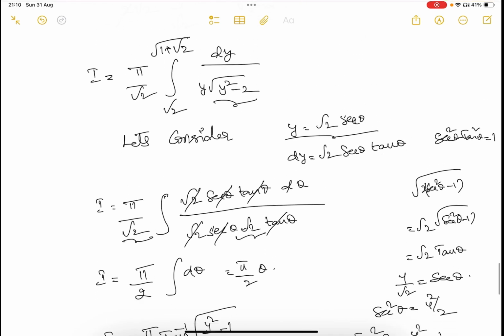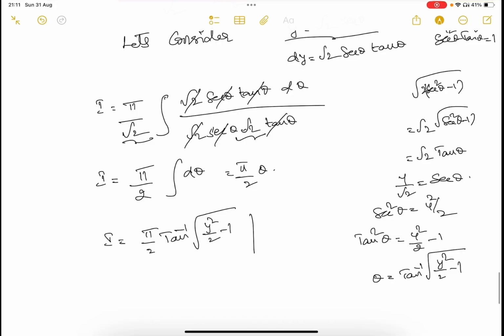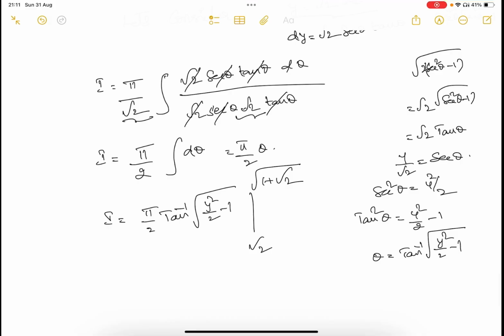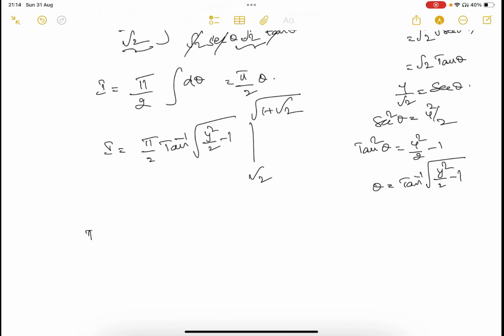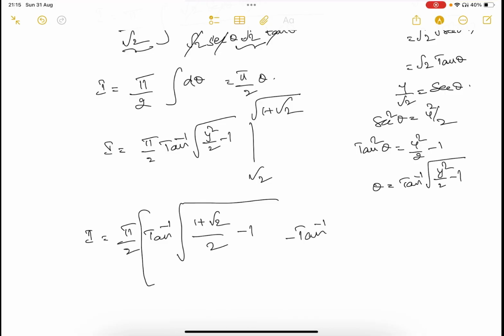And now we substitute the integration limits root 2 to root of 1 plus root 2. Fine. Now I is pi by 2 into tan inverse of root of y square, which is 1 plus root 2 by 2 minus 1, minus tan inverse of root of 2 by 2 minus 1, right? 2 by 2 will be 1, 1 minus 1 will be 0, so this will not contribute.